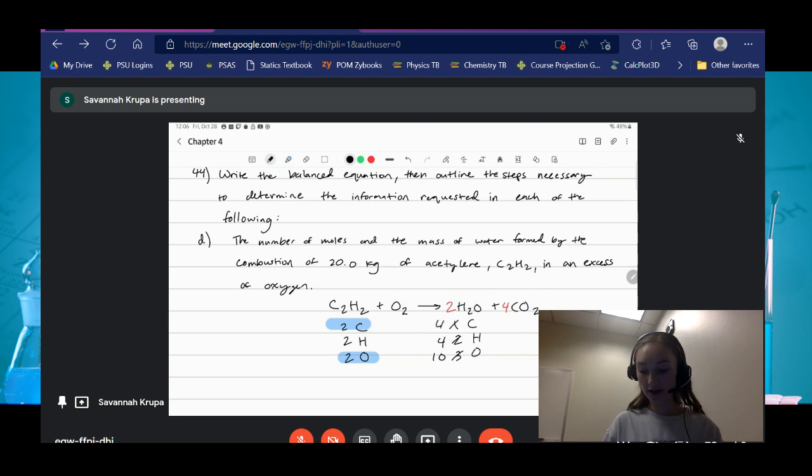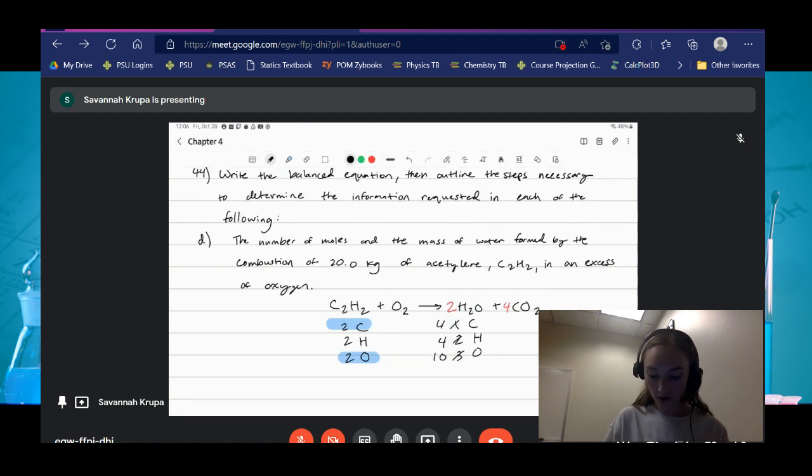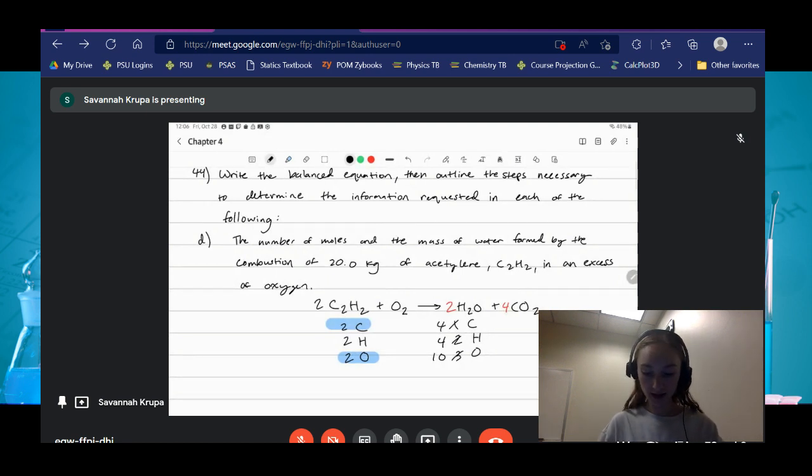And so because we had the 2 waters and the 4 carbon dioxides, we're going to have to balance the left side now. So now that we have 4 carbons, now we're going to have to put a 2 in front of the acetylene.